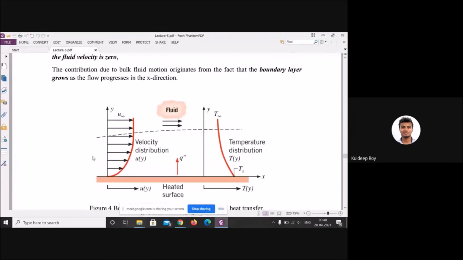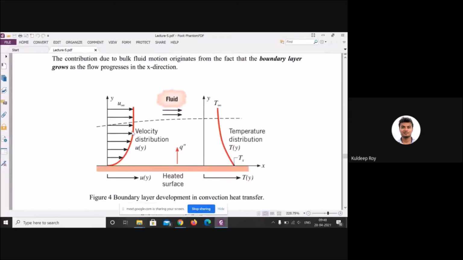In fluid mechanics, we discussed that if the fluid flows in this direction, let me make a line, there will be a no slip condition. No slip condition means the velocity at the surface of the plate, or any kind of surface, will be zero. Now have a look at how the velocity profile looks. Here the velocity profile is like this.